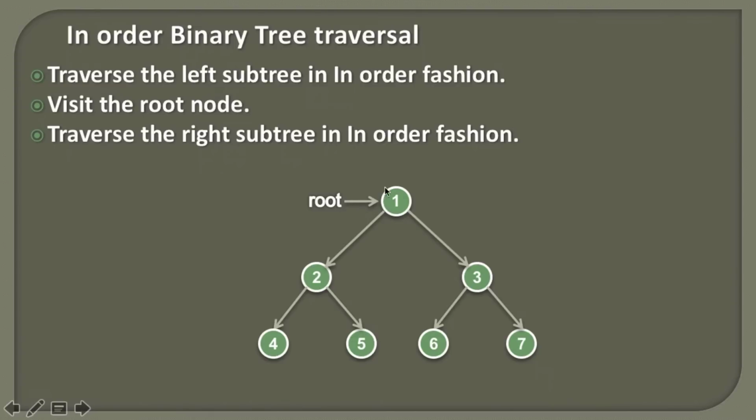So before processing the node 1, we first traverse its left subtree. Here you can see this is the complete left subtree which we want to traverse before we process this node. And after we process this complete left subtree, we then visit this node, and after visiting this node we go to its right subtree.